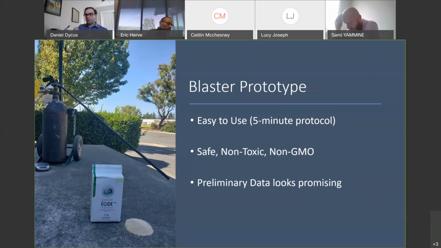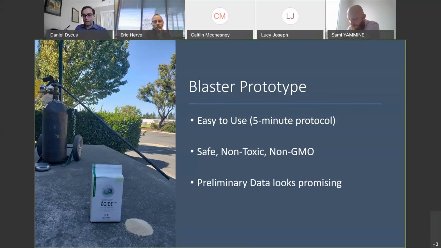So instead of using harsh chemicals like ozone, which can affect the rubber components, or a toxic chemical like sulfur, we have a safe, non-toxic, non-GMO way to incorporate safe processes for not just the wine, but also for the workers who are using those products in the vineyard. It's easy to use.